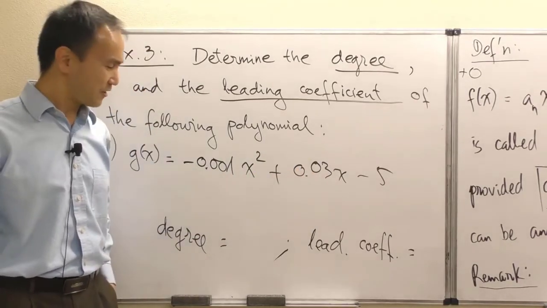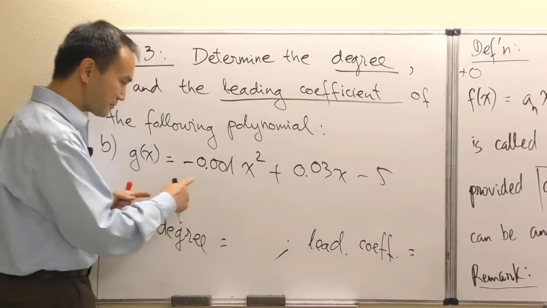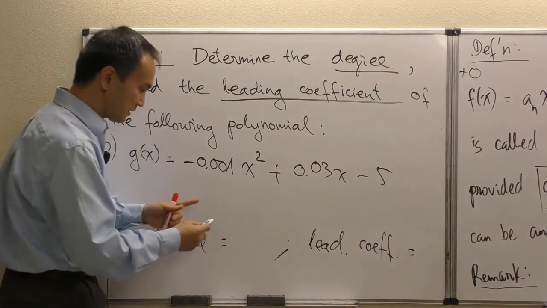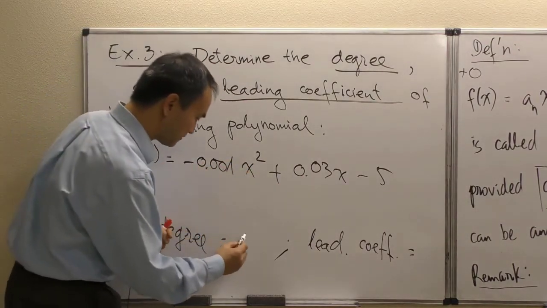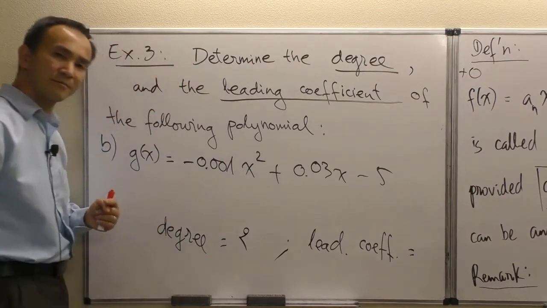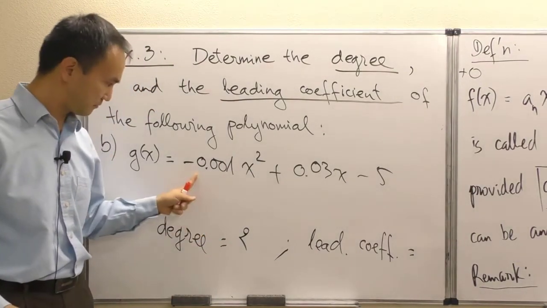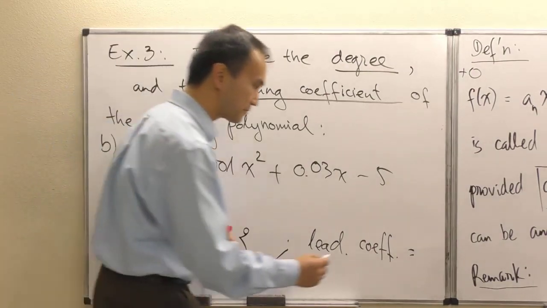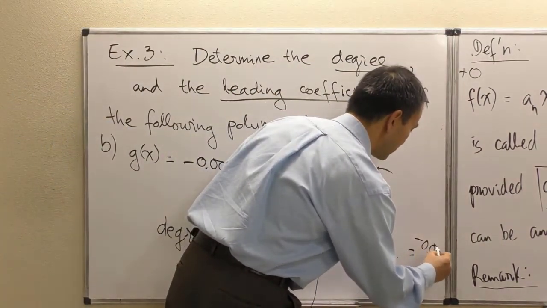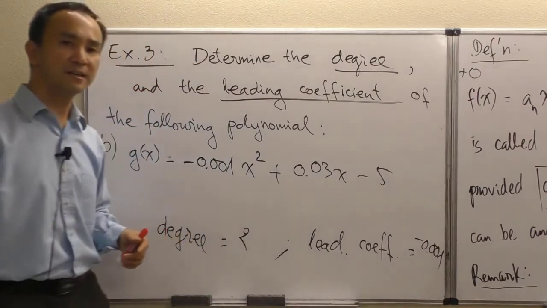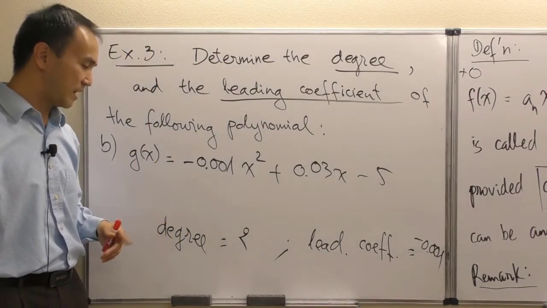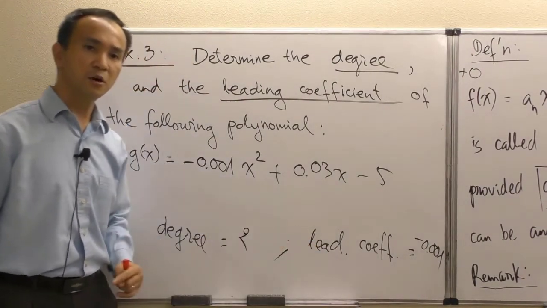So now the degree for this polynomial is degree 2. The lead coefficient, admittedly quite nasty looking, is negative 0.001. So that's how we found our degree and the lead coefficient.